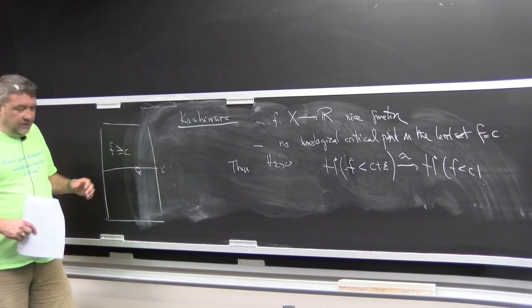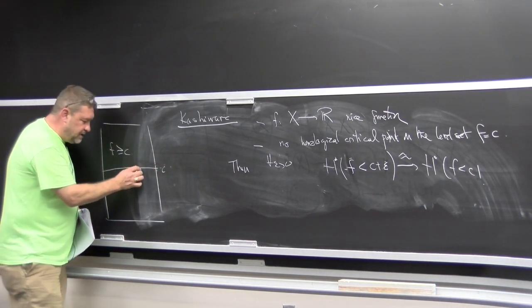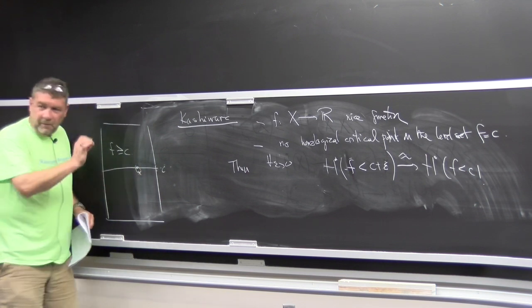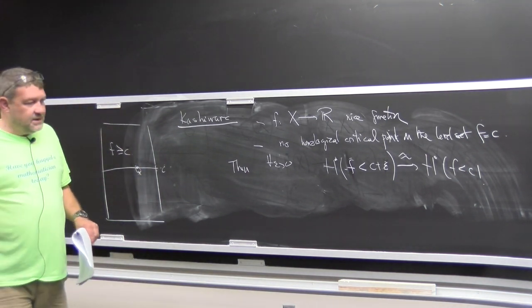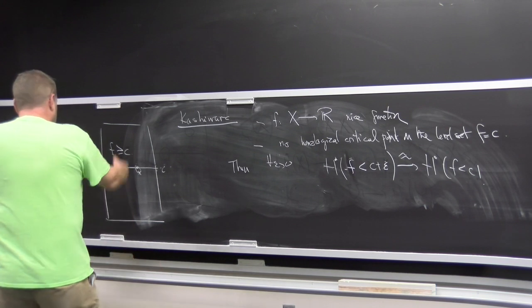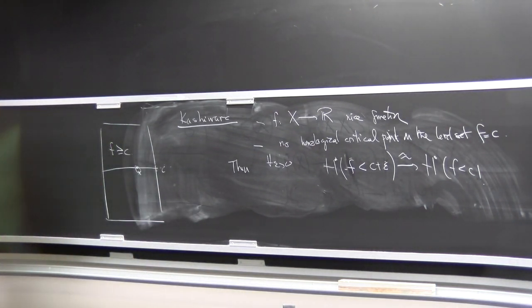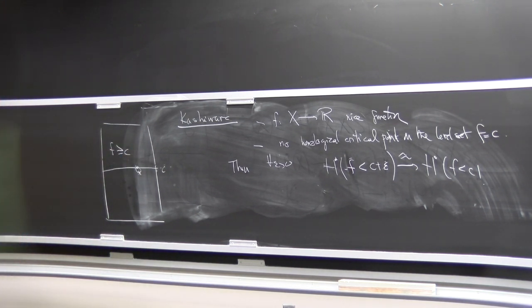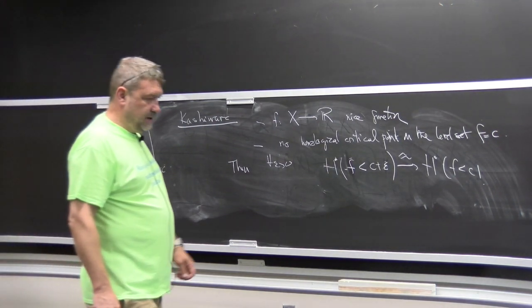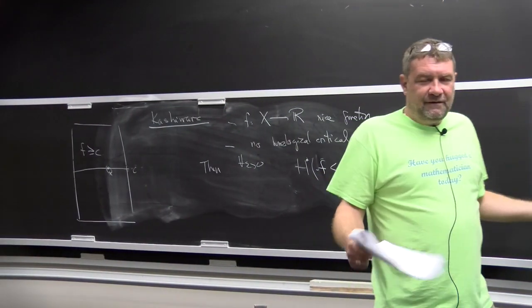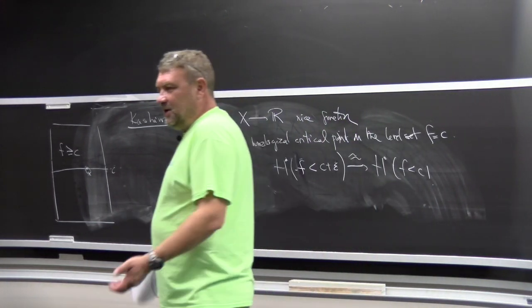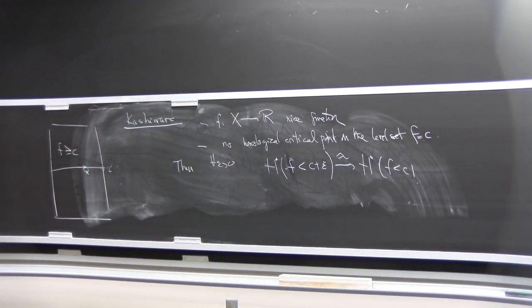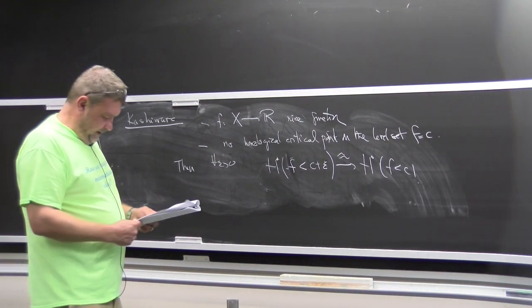So cohomology classes in this tiny neighborhood propagate up to a level of c plus epsilon. This is what it implies. The proof is not hard, and here I have hypotheses galore, like compactness, but at least it gives you an idea.